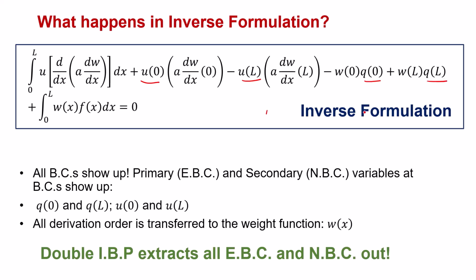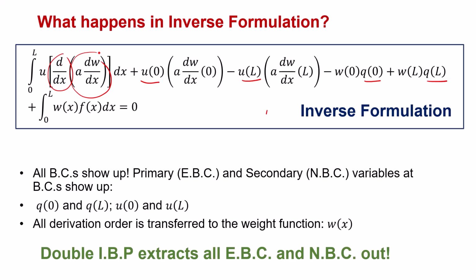So we now have u0, ul, q0, and ql all showing up explicitly in the inverse formulation. You can also see that the entire differentiation has now been transferred to the weight function. So we have d over dx of a times dw over dx.